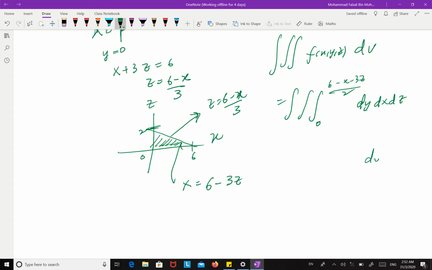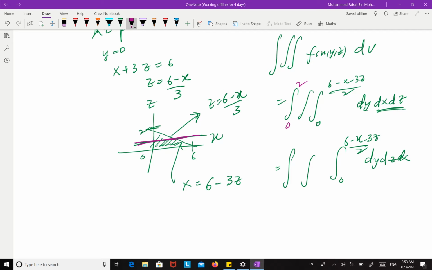If you put dy, dz, dx also, the first integral will be 0 to (6 minus x minus 3z) over 2. So now the second one and third one will be different. So this is cut at z here, which means your z is from 0 to 2.